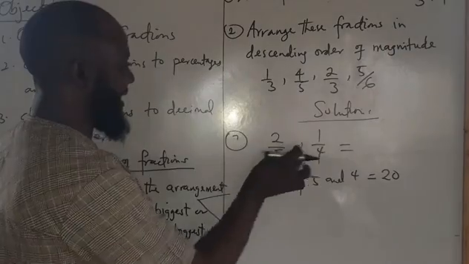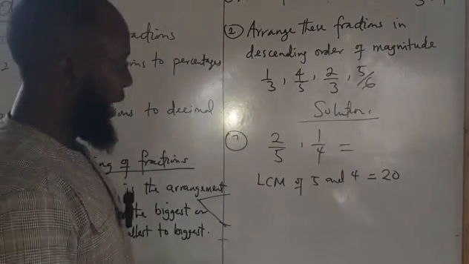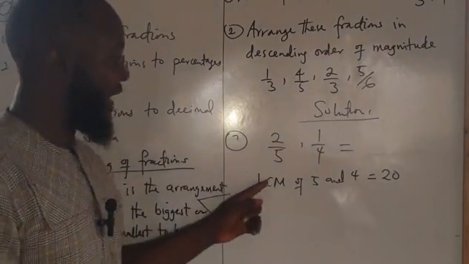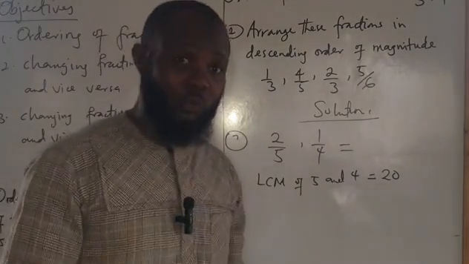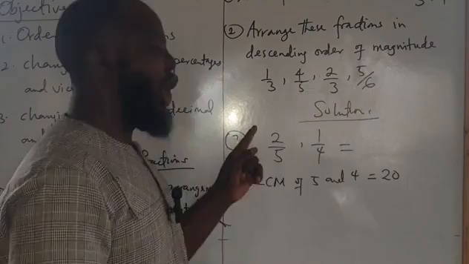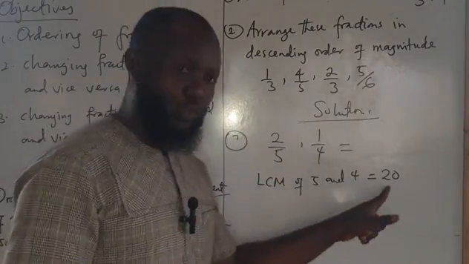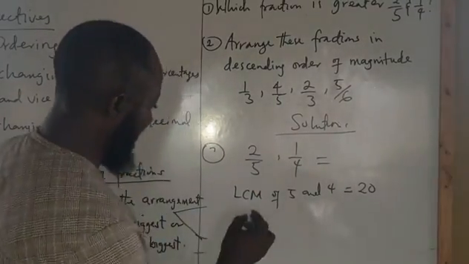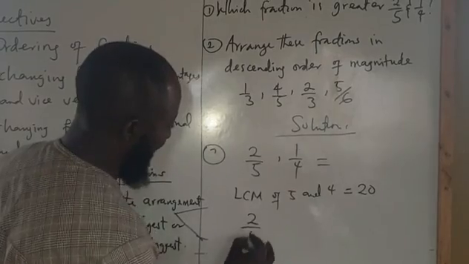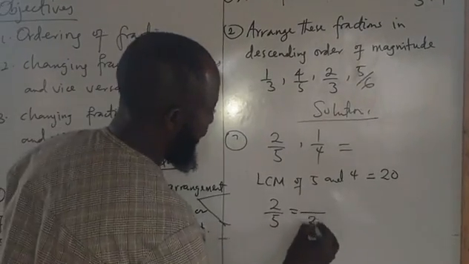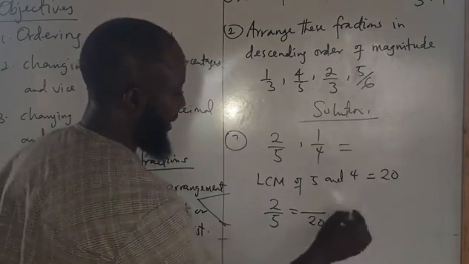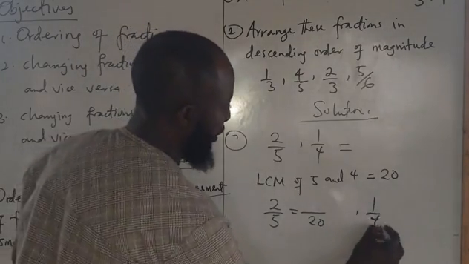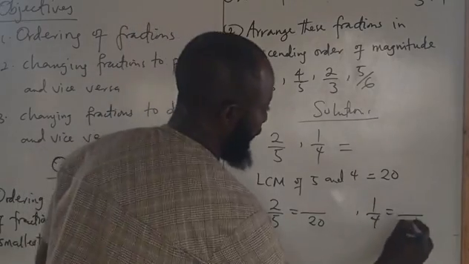We are now going to write each of these fractions as an equivalent fraction, and we have done equivalent fractions as well, with a denominator of 20. So 2 over 5 equals something over 20, and 1 over 4 equals something over 20.